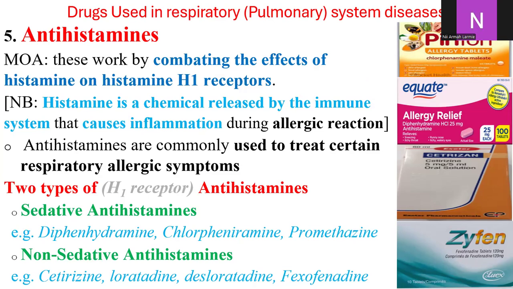You may not give it to a patient that's using heavy machinery, a patient that is going to be driving, or patients that are going to be doing things where sedation can lead to other damages or risk complications. So for such patients, you will be interested in using a non-sedative antihistamine. Whereas if you want your patient to be resting, sleeping, you can use the sedative antihistamines.